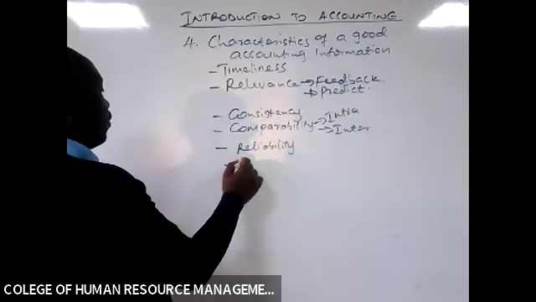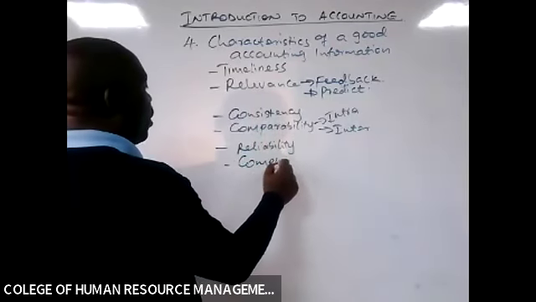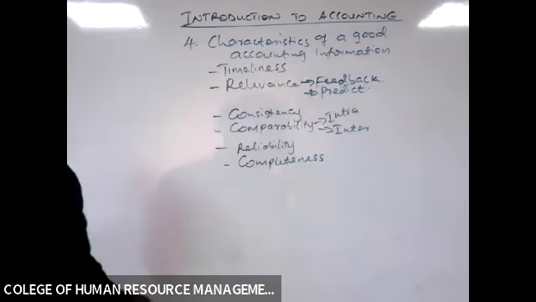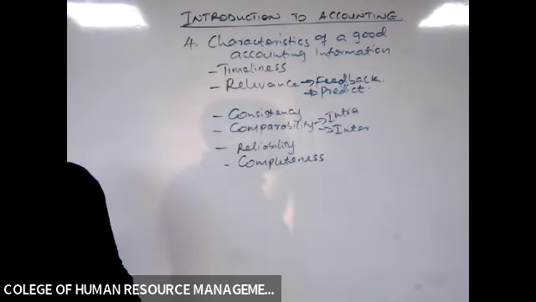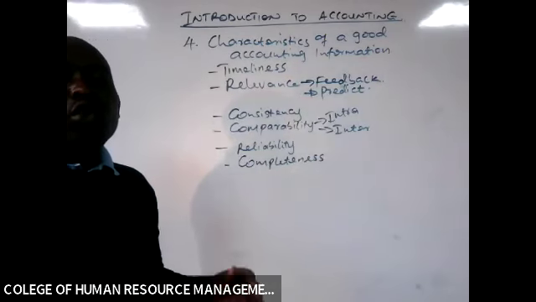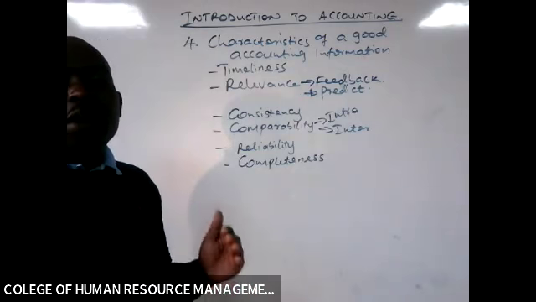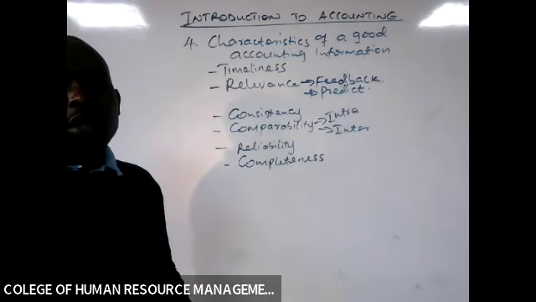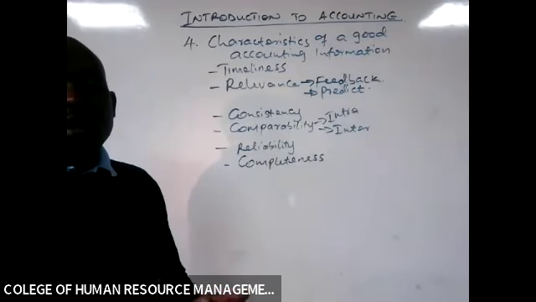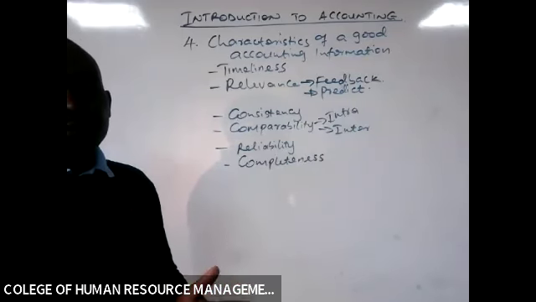Lastly, it is the characteristic of completeness. And we say that a good accounting information should contain all the relevant information it should contain. It should contain all the relevant or material information without any omission.